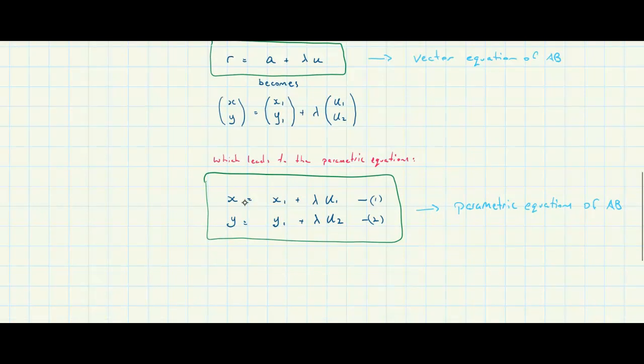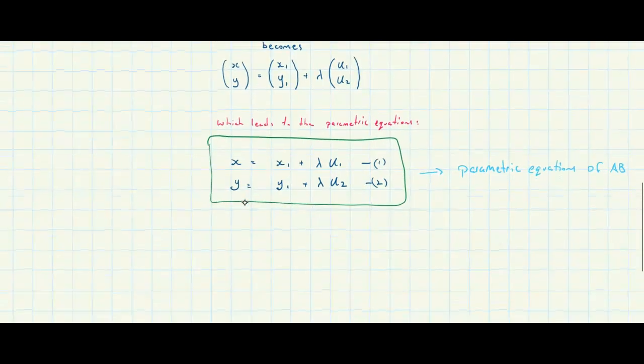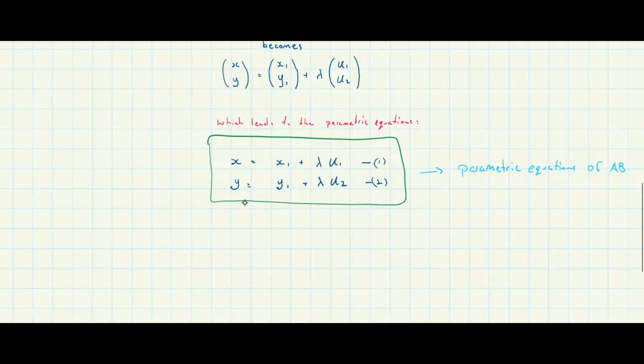Now if we make our parameters in equations 1 and 2 the subject, then we'll be able to eliminate our parameters to just arrive at our Cartesian equations, our Cartesian equation of the line AB. So let's now go by eliminating lambda.